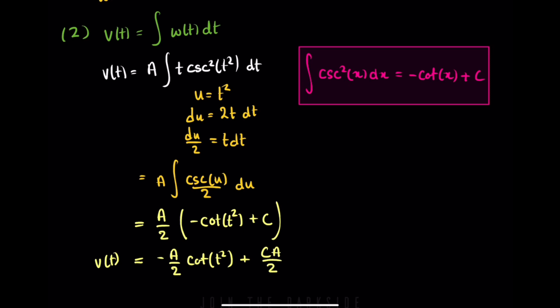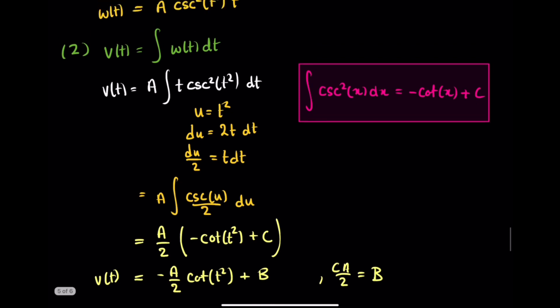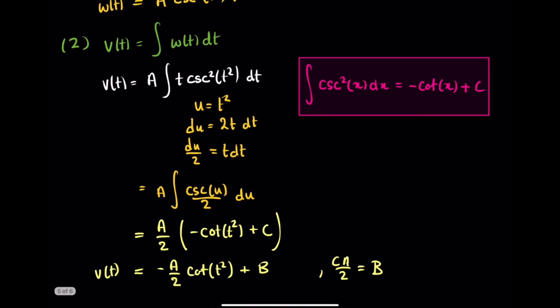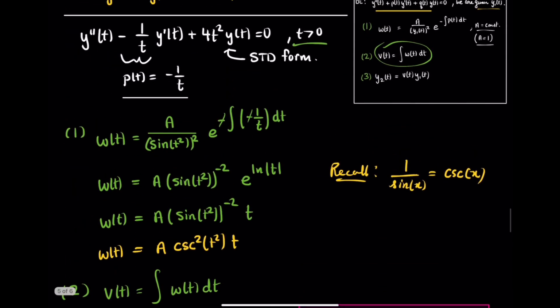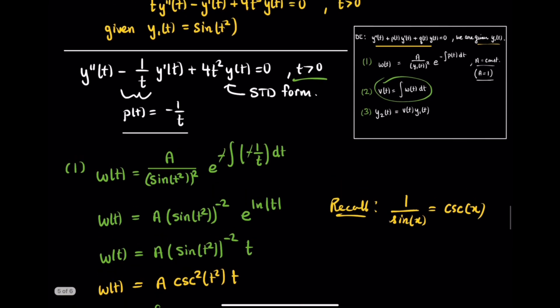This c a over 2 is equal to b, so I'm just going to replace that with b to make life a little bit easier. And from here we know what that unknown function is, and in step 3 we just multiply that unknown function by the original function, which was sine t squared.